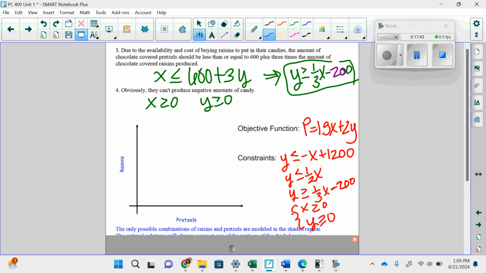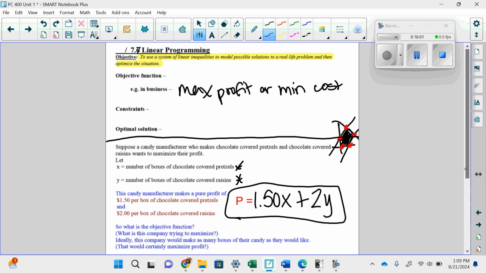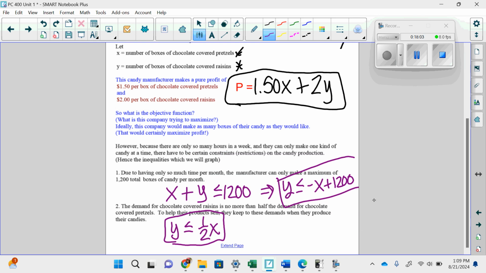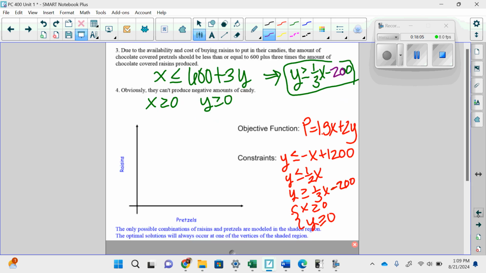So our objective function is p equals 1.5x plus 2y. Again, our profit is $1.50 per box of chocolate-covered pretzels plus $2 per box of raisins. Our constraints from the first scenario there, we have our first constraint, y is less than or equal to negative x plus 1,200.